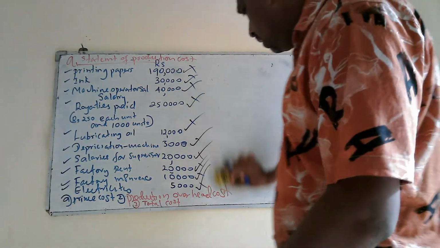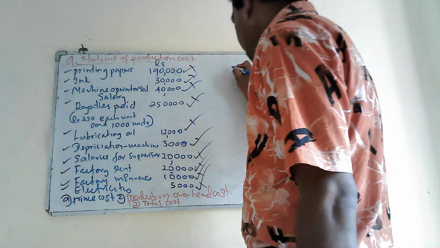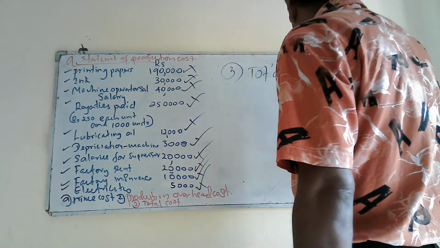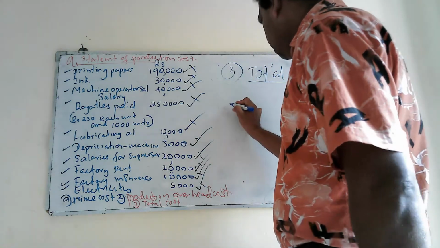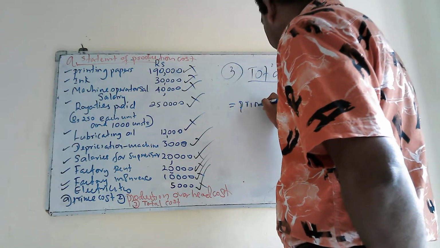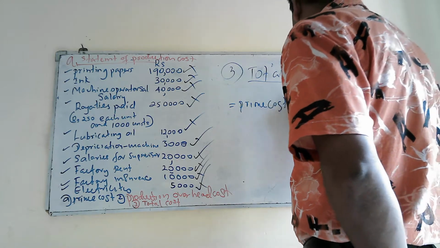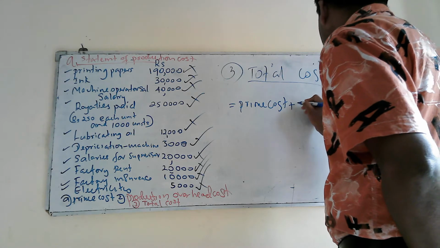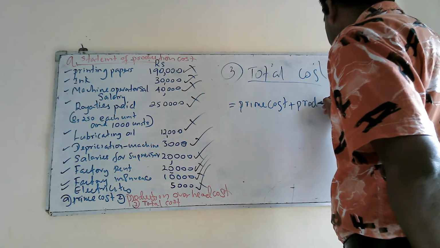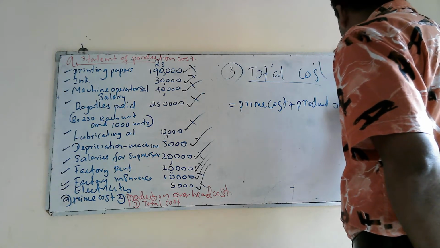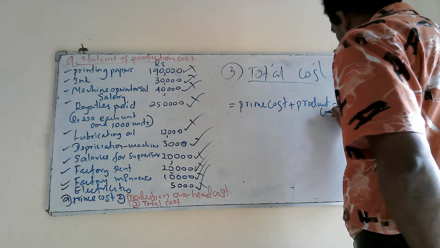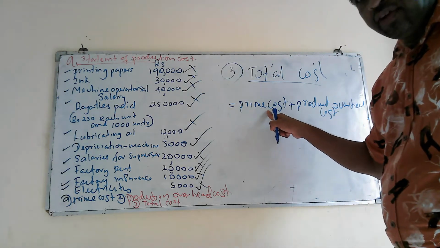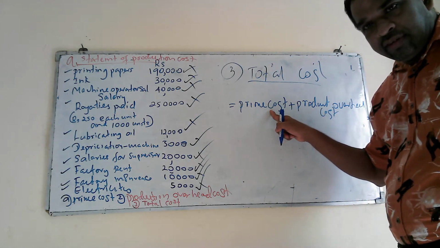Part 3, you are asked to take total cost. You know what is total cost? Total cost equals prime cost plus production overhead cost. Prime cost means addition of direct material, direct labor, direct other expenses.